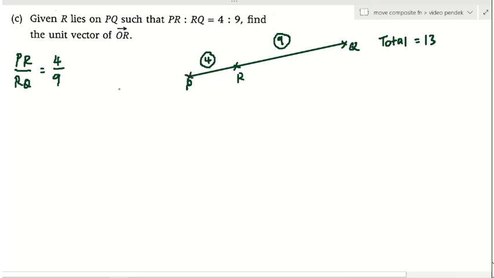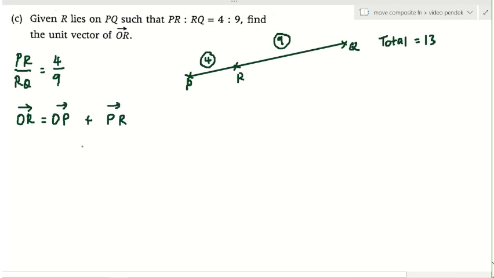Find the unit vector of OR. We start with OR. What you can write as the addition of two vectors that is equal to OR must start with O, last with letter R. It is equal to OP plus PR.